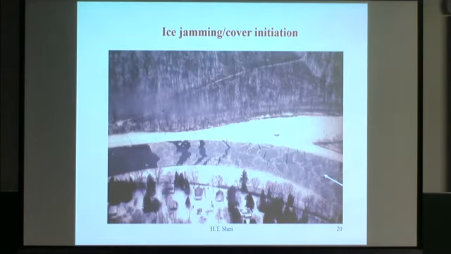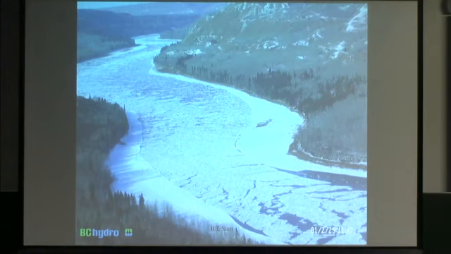This is another one, and on the Peace River, we see a similar thing. This is upstream, this is downstream. And this is about the point where the jam is going to initiate.